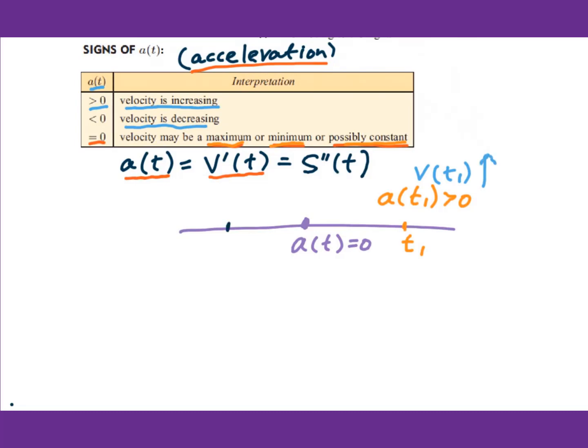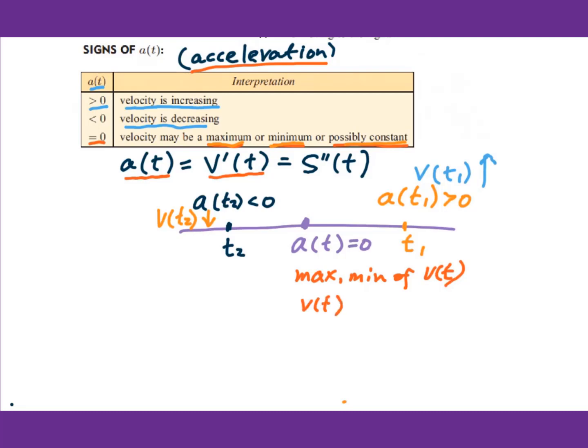And for this point, it's t2. If a of t2 is less than 0, the velocity at t2 is decreasing. And remember, when a of t equals 0, it means the maximum or minimum of velocity, or the velocity is a constant.